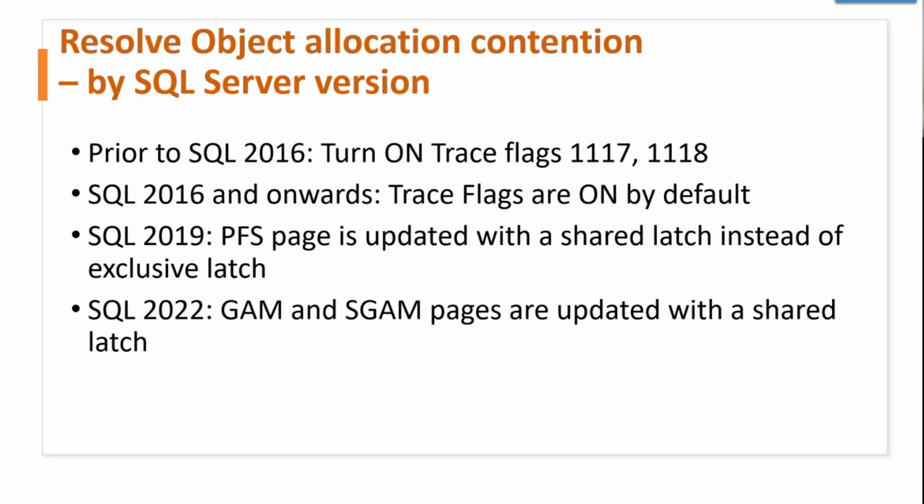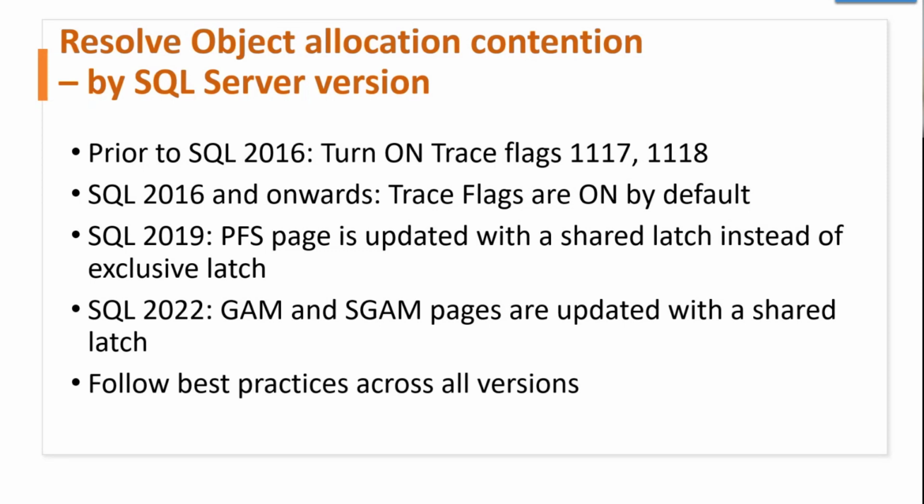Now these two have been updated with a shared latch instead of an exclusive latch. So in the 2022 version, you will not see contention on PFS, GAM, or SGAM, and that means there's no object allocation contention on this version. With that being said, you should still follow all the best practices across all the versions.